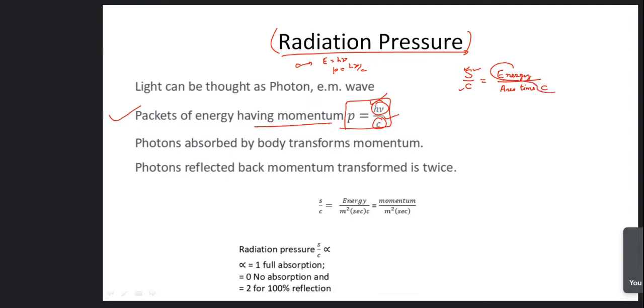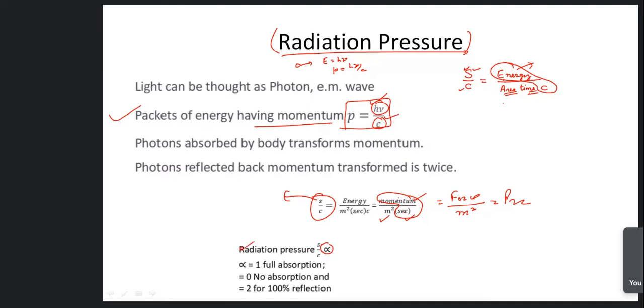So this is momentum divided by meter square area and time in seconds. Momentum divided by time is force, so I can replace this by force, and then we have force divided by area, which is pressure. So this has units of pressure. The Poynting vector divided by c gives you radiation pressure, and with this we have another parameter, alpha.